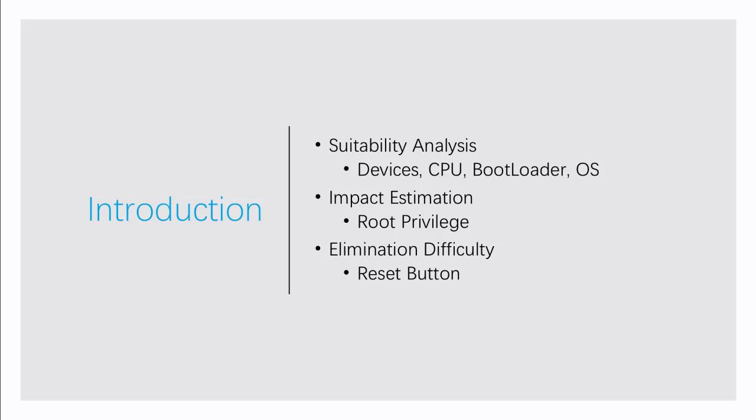The impact of UbootKit is significant because the bootloader layer is the closest layer to the hardware among all software layers, such as the Linux kernel and the file system.